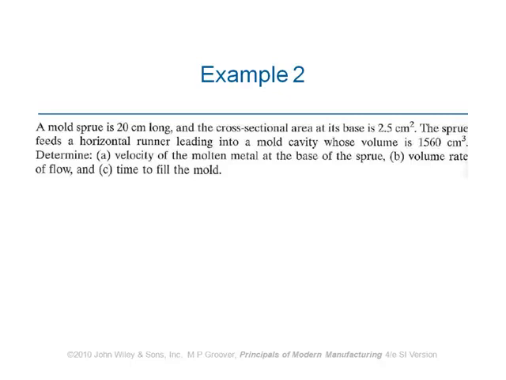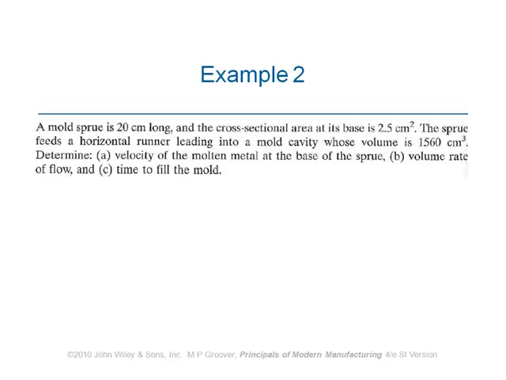We are after velocity of the molten metal at the base of the sprue. At the top, we will have a different speed compared to the base of the sprue. And volume rate of flow and time to fill the mold.